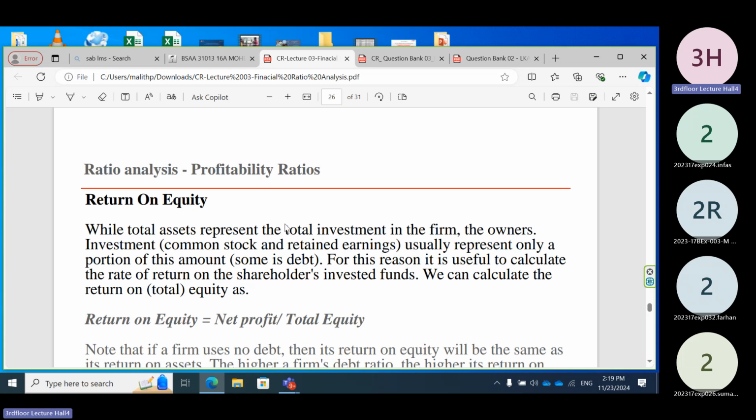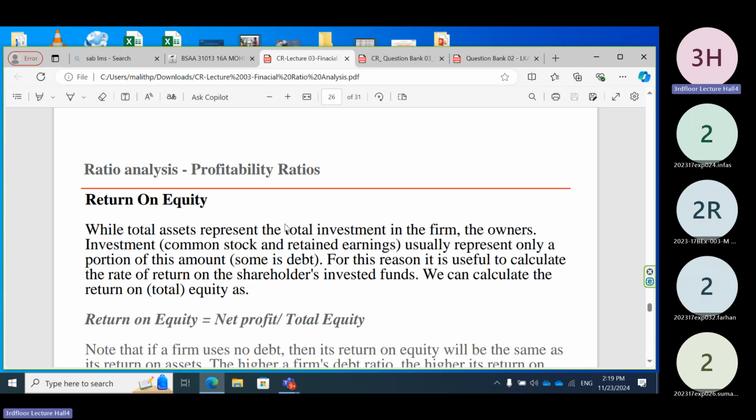Return on equity, ROE. There is another way to express return on equity, right? Return on equity equals risk-free rate plus beta factor into market premium.